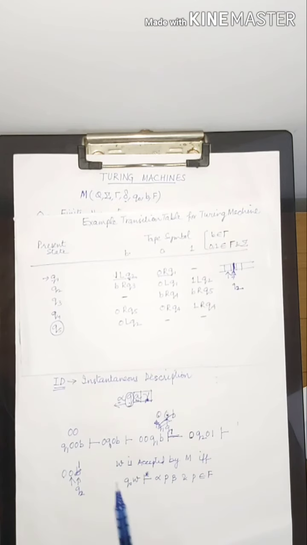So such a string W will be accepted if the machine halts at a state which is final. If it halts at a non-final state, then that string will not be accepted by the machine at all. I advise all the students to read this topic from your books thoroughly and then prepare notes.